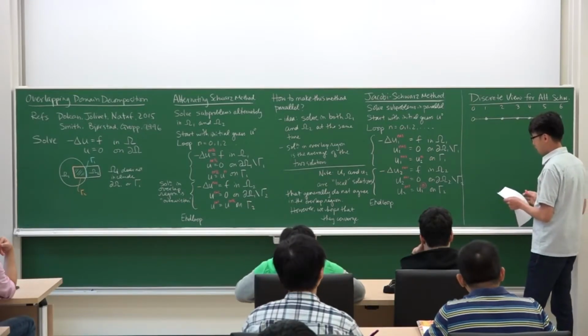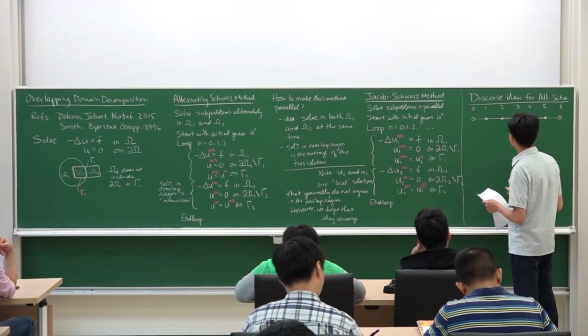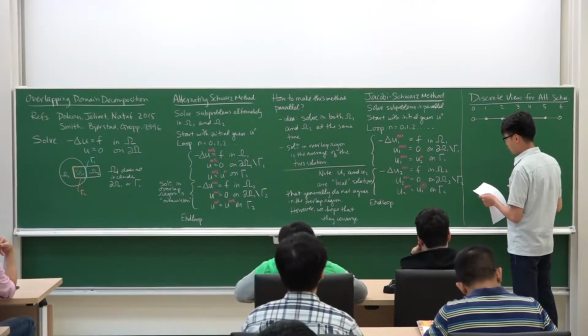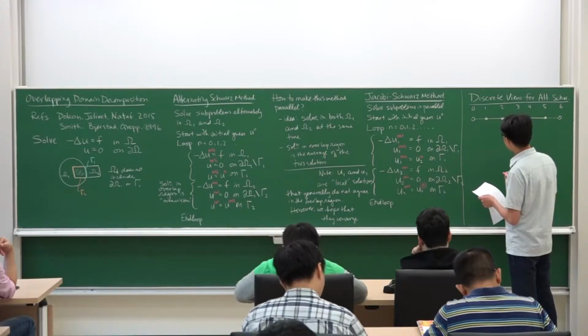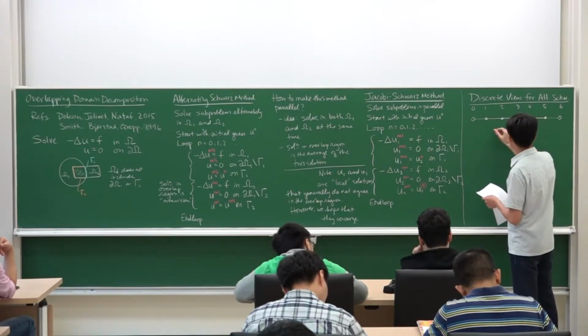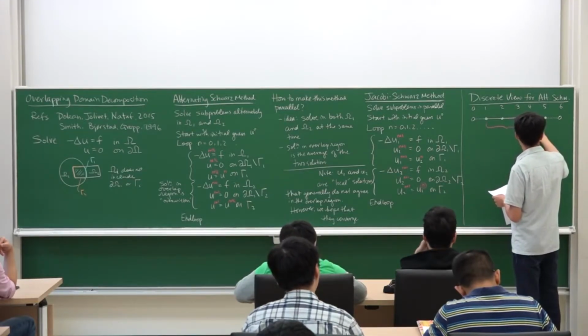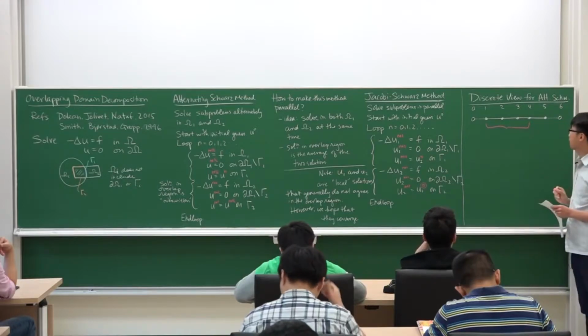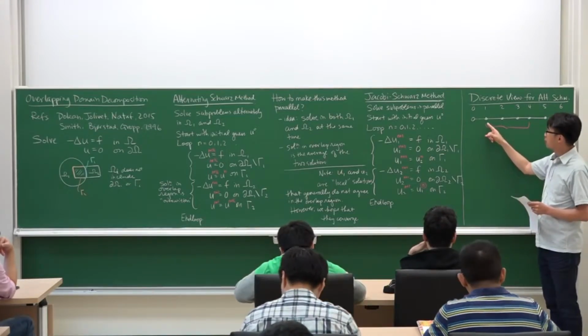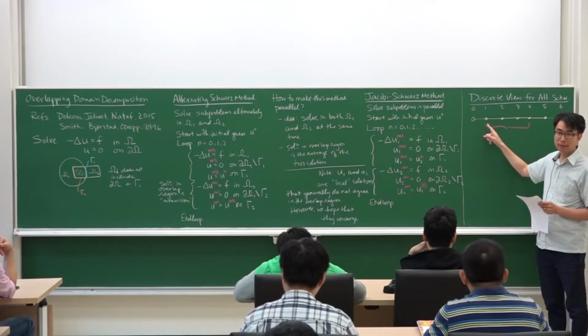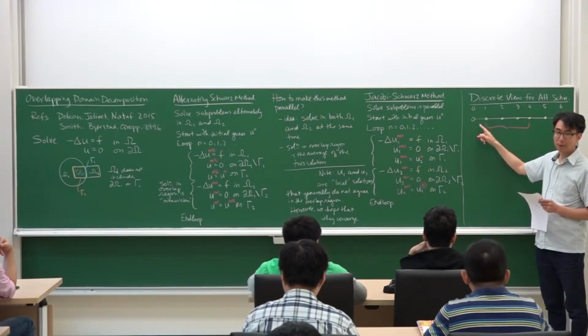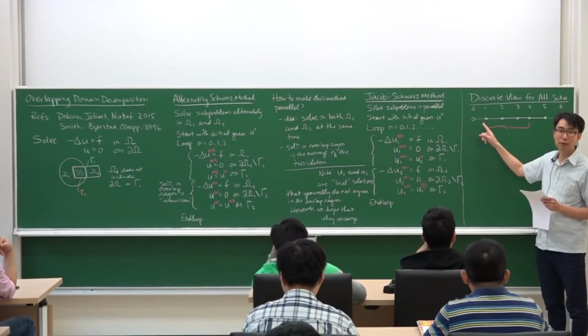So the first overlapping subdomain is going to be this one. Okay? And I'm going to assume for simplicity, since we have zero Dirichlet conditions, that I'm just going to remove these from the matrix.